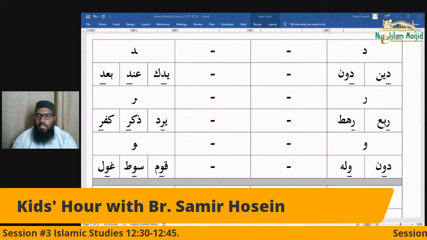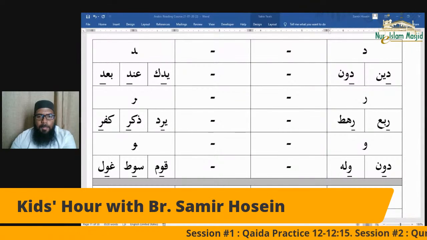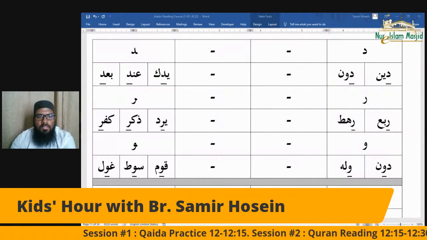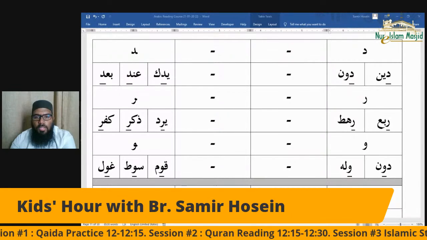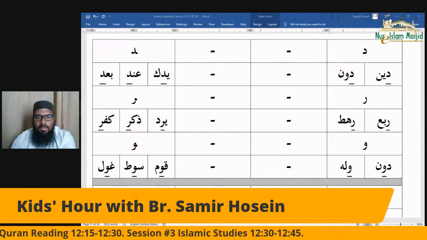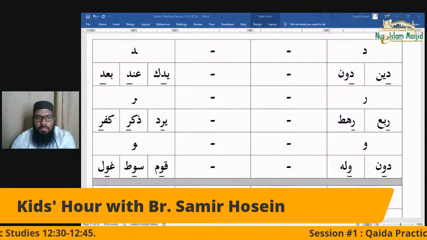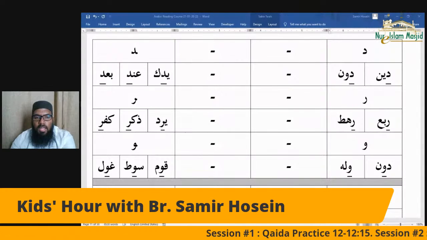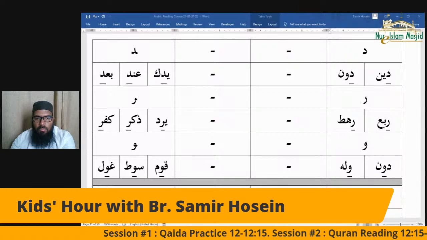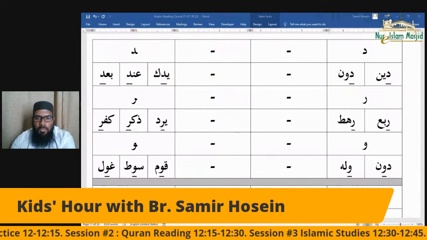Those are the letters that we're looking at today. Essentially, we remember that all of these letters belong to the family of non-joining letters. They don't like to join, so that's why there are no examples where these letters are in the beginning of a word or in the middle of the word. They will only either appear on their own or joined at the end, just like we see here.